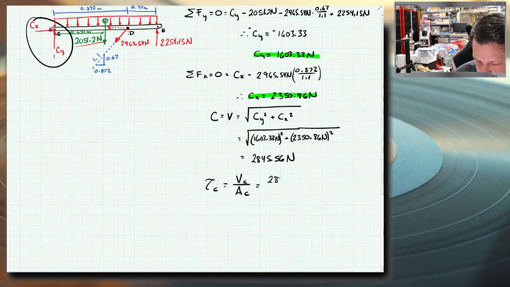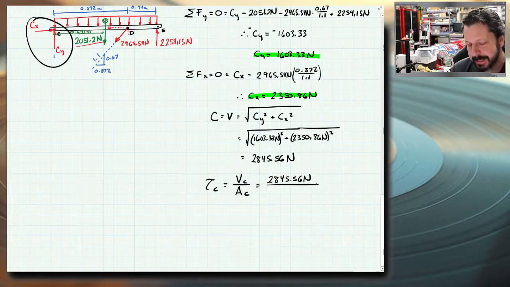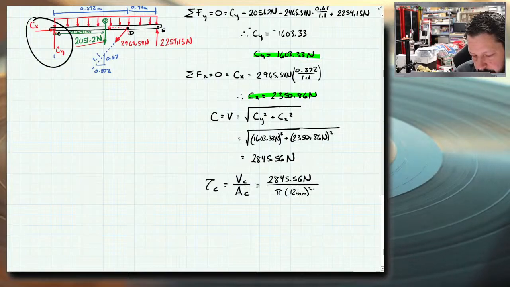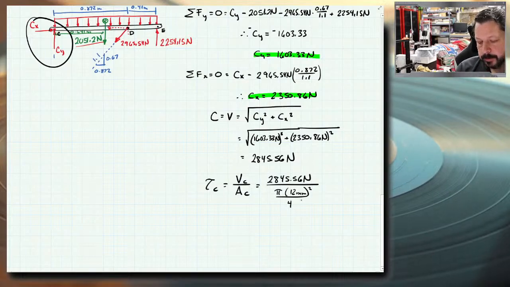So 2,845.56 newtons. The area of C is pi d squared over 4, since they all have 12 millimeter diameters. This will give me newtons per millimeter squared again, and so this will actually give me megapascals when I calculate it.